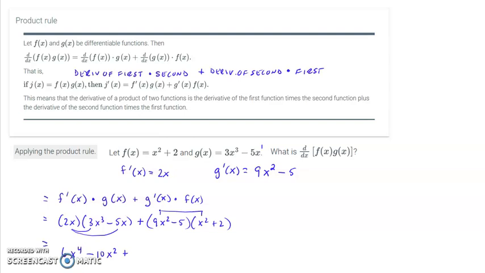We've got 9x squared times x squared, which will be 9x to the 4th power. We've got 9x squared times 2, which will be a positive 18x squared. We've got negative 5 times x squared. And you've got this negative 5 times positive 2, which will give us a negative 10.